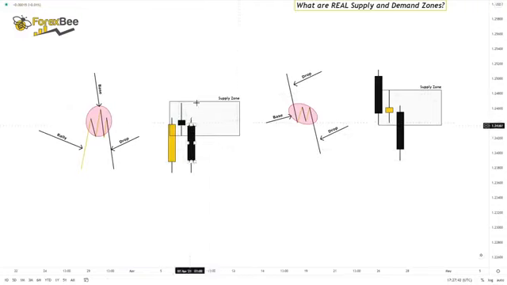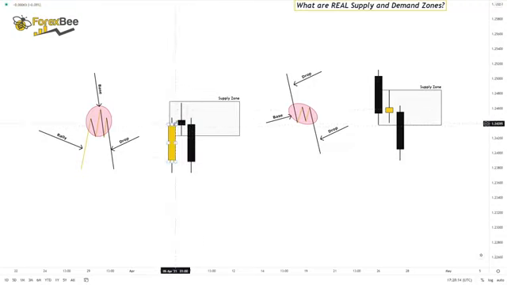This supply zone is a rally base drop. The market is bullish, then the market is stable or balanced in the middle, and then the price drops. So you can see the bullish trend, then it goes sideways, and then there's a bearish trend.